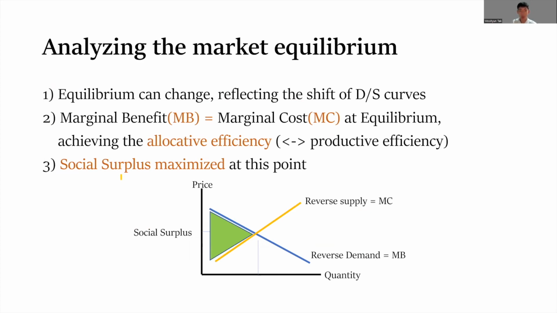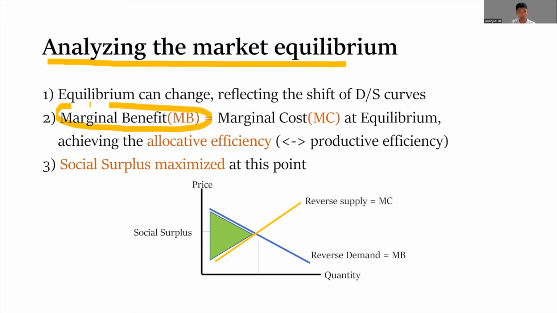Then lastly, we have to analyze the market equilibrium. Why do people say the market equilibrium is so efficient? First, it is because marginal benefit equals marginal cost. When we draw the reverse function of the supply and demand curves, it is almost the same. We say the demand curve is marginal benefit, and the reverse supply is marginal cost.